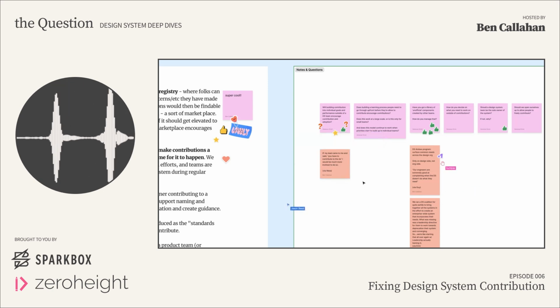We have a lot of designers that really care. They're really keen on using it. They want to contribute. But I think the biggest barrier to them contributing is not their will to. It's not because it's linked to their performance.